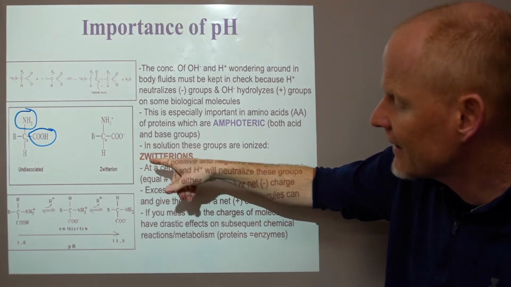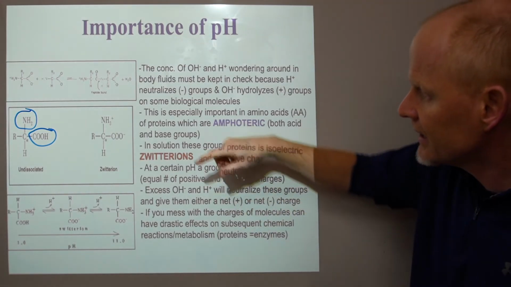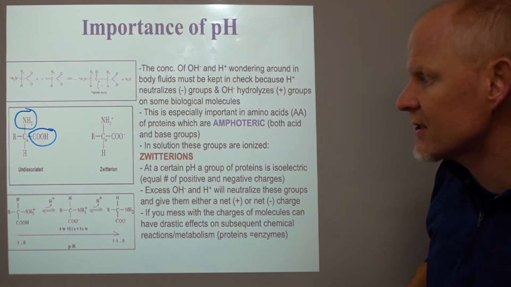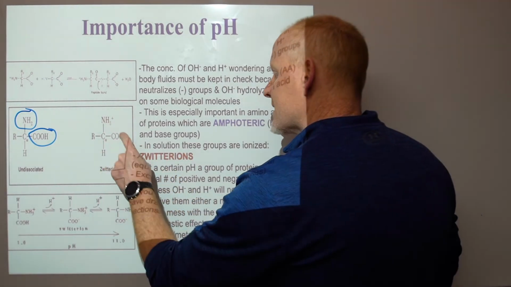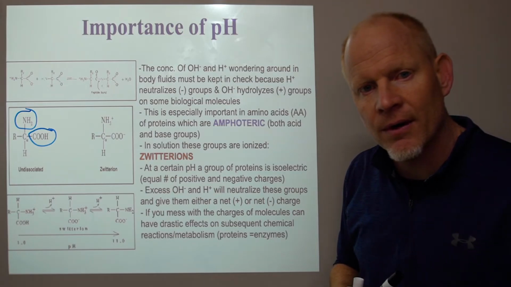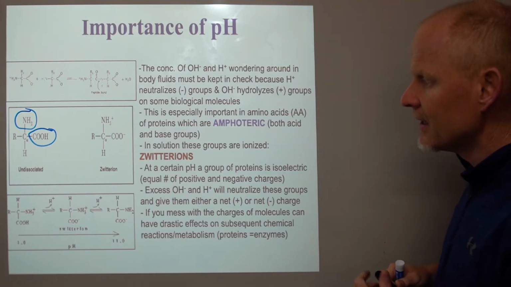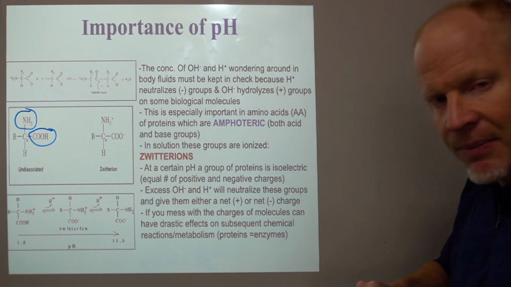So, you know, a lot of chemists will say that the proton comes off here and is added to the amino end. And so you get a positive and negative in solution. This is called a zwitterion, is when you have both a positive and negative group, right, as part of your molecule here, or your compound. And this dissolves in water very readily because it has a negative and positive side, right?